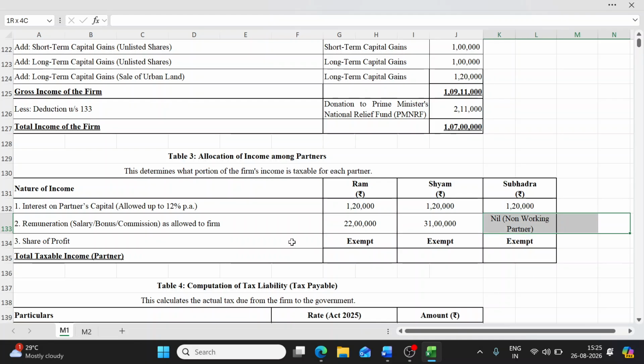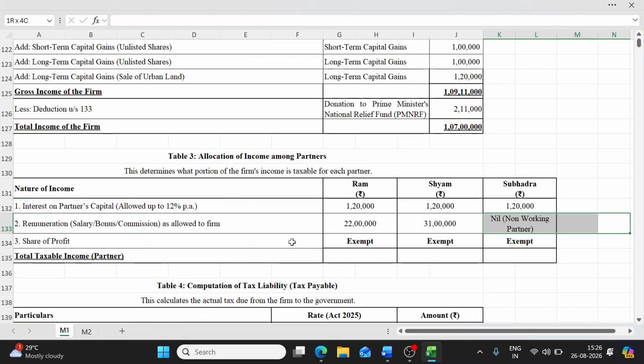Subhadra was also given a remuneration, but why not Subhadra? Subhadra has received remuneration technically, but why is it not taxable in the hands of Subhadra? The answer is very simple, because in the partnership firm's tax assessment, the partnership firm has not claimed a deduction for the remuneration paid to Subhadra.